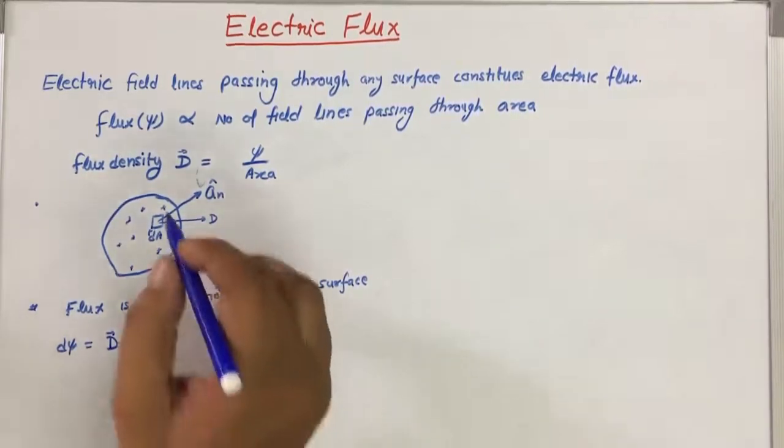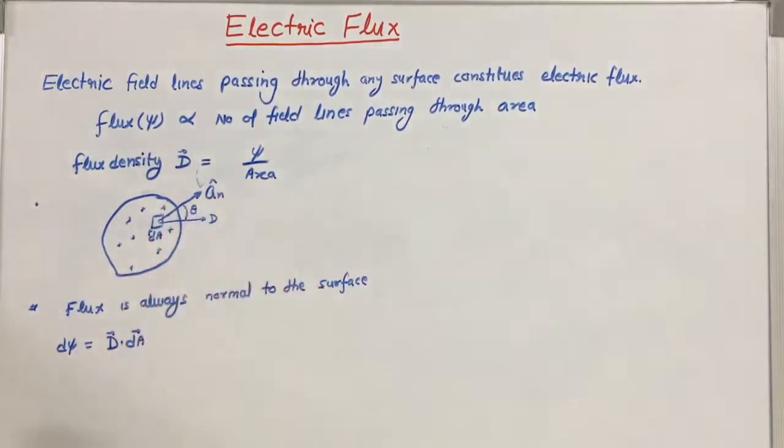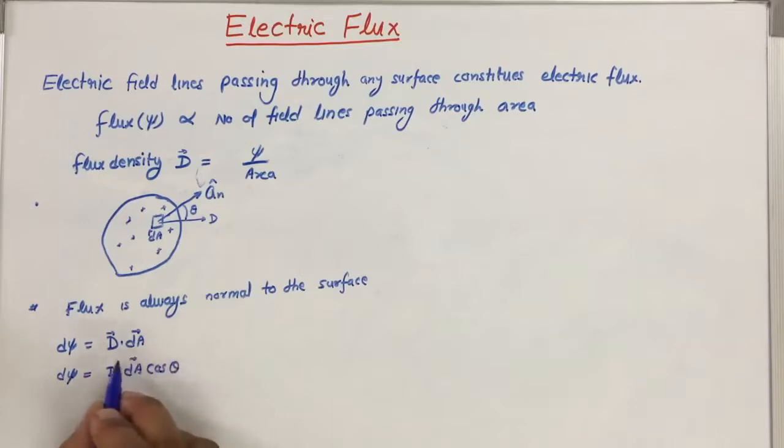After that, if the angle between these two is theta, then from here we can write d flux is equal to D dA cos theta. Or without simplifying, we can write the total flux will be the integration of this for the full area.